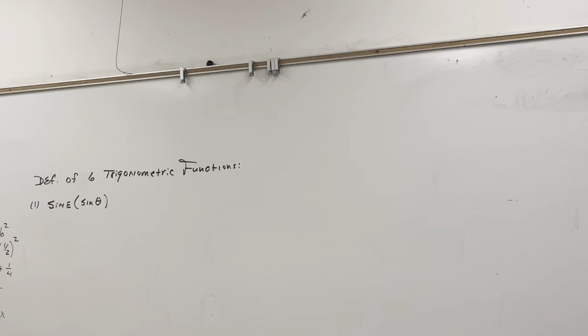So sine, S-I-N-E, that's the name of the function, abbreviated S-I-N theta. Now, what is its definition? You say, oh, Professor, if I go online, they're going to give me a big, long list of words. No. Here's the definition. I had better use a different color here. Definition is, why?